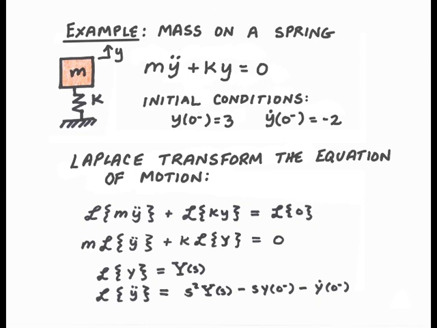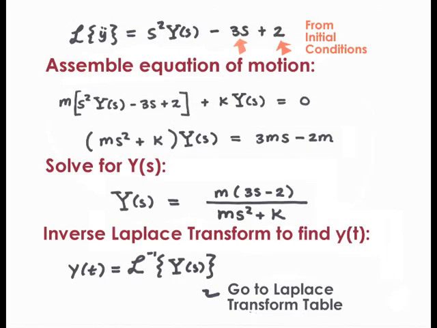We'll label the Laplace transform of y of t as capital Y of s, and then the Laplace transform of y double dot by our result for the second derivative will be s squared times Y of s minus s times y at time 0 minus, minus y dot at time 0 minus.